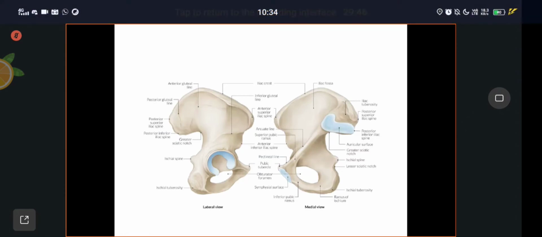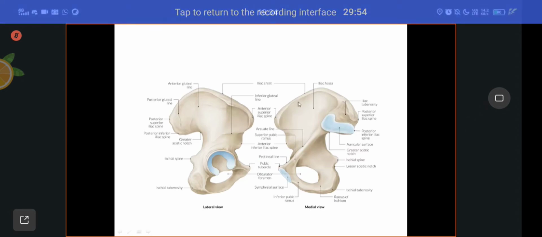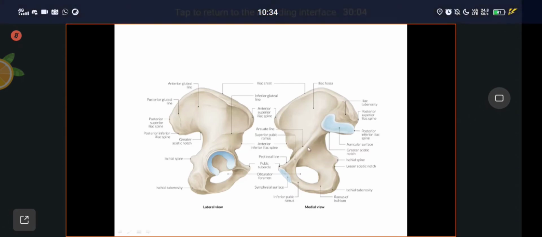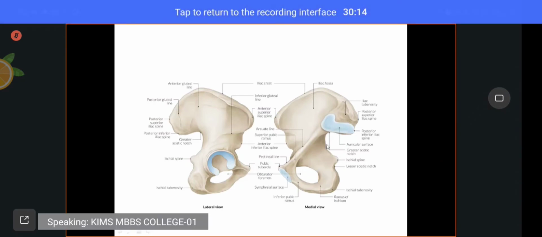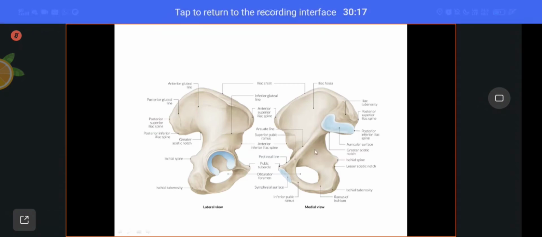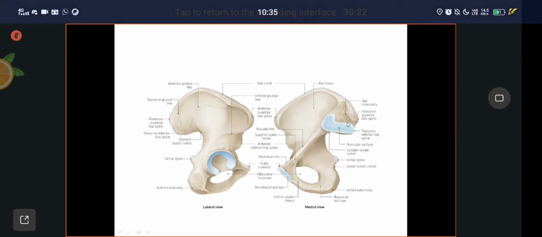Now coming to the surfaces. What are the surfaces? The first surface, which is between the anterior border and the medial border, is the iliac surface. Then the surface between the medial border, the posterior border and the greater sciatic notch is the sacropelvic surface.